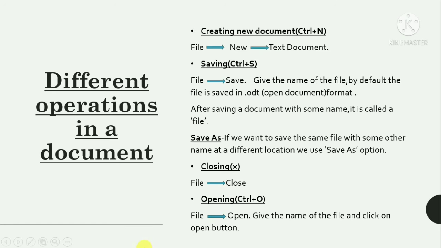Another operation is opening: Ctrl plus O to open a file. Give the name of the file and click on the OK button. You have to open the saved file.